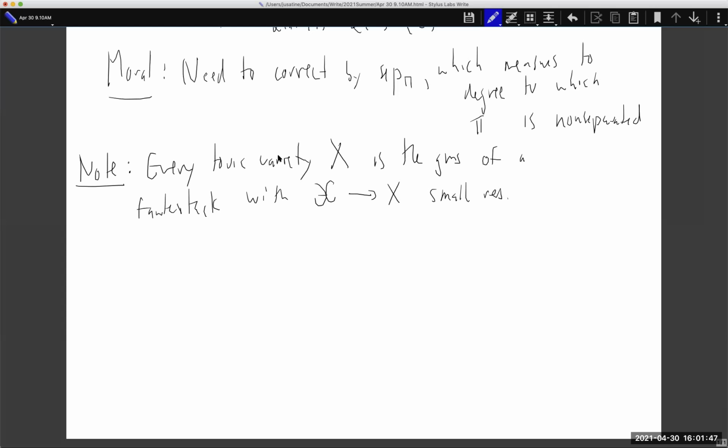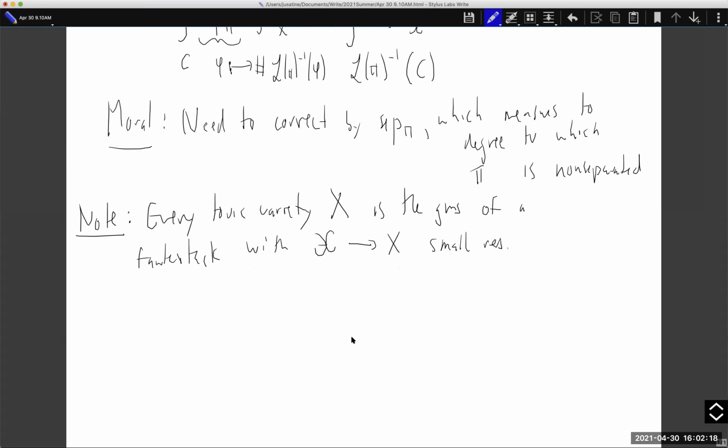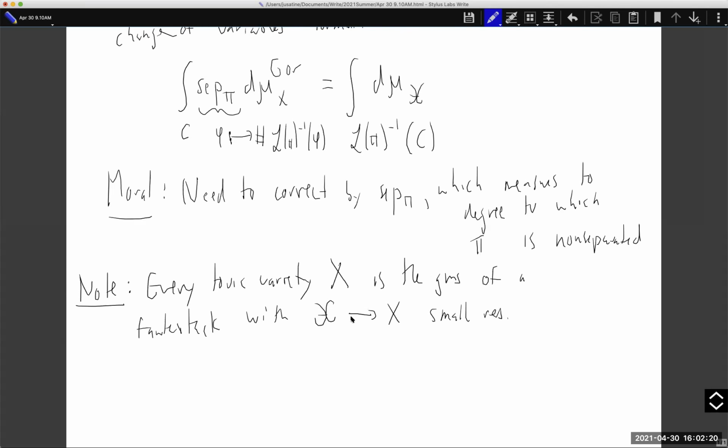So I want to say a little bit about, okay, I said that at least for fantastacks, this sep sub pi is a finite number outside of measure 0, but there's the possibility that you have some big piece of the arc space where sep sub pi is equal to 0, and that would tell you that somehow the right-hand side, the arcs on the stack, are not seeing that piece of the arcs of X because you're integrating the function 0 over that piece.